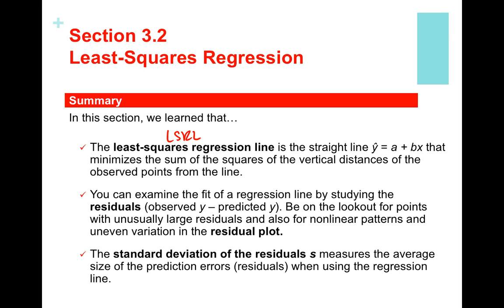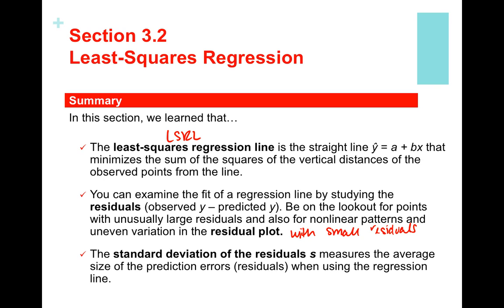If you have a random scatter in your residual plot, and we'll also say with small residuals, that means a linear model is a good fit for the data. If you do have a random scatter and those residuals are large, it doesn't necessarily mean that another model would fit better. It just means that the linear model might not be all that accurate because your points are far from the line.